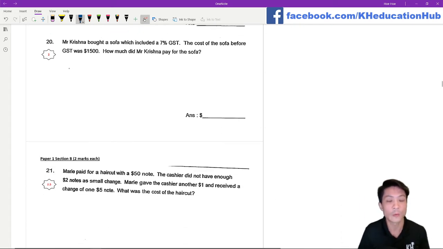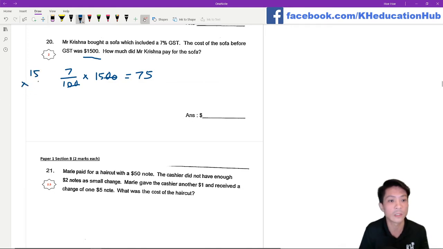Move on to question 20. Okay, Mr. Krishnan bought a sofa which included a 7% GST. The cost of the sofa before GST was $1,500. So this is before GST. So how much did Mr. Krishnan pay for the sofa? So we're gonna find out what is the 7% GST. Find what is 7% of 1,500. Okay, cancel 20, cancel 20. 15 times 7 will give me 105.